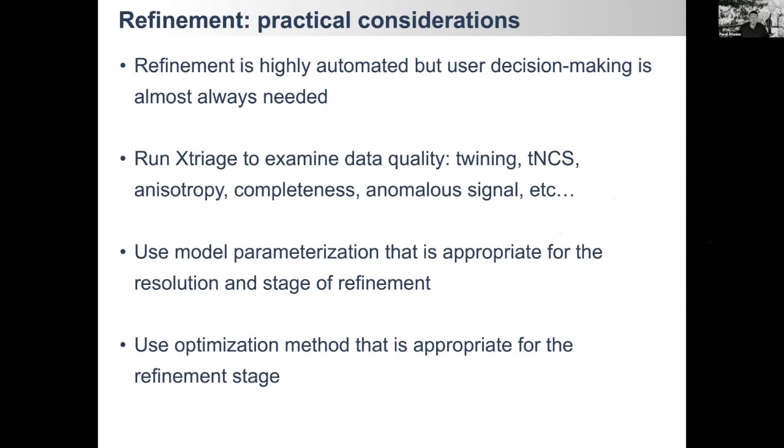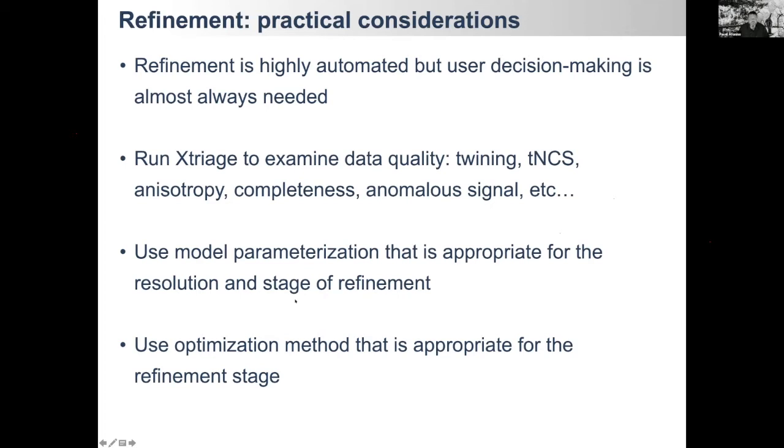So the refinement is highly automated, but clearly there's a lot of decision making that is expected from the user. I would say refinement is the least automated step in the entire pipeline of structure solution. Things like molecular replacement, automated model building, and density modification are very automated tools where you rarely need to change low-level default settings.